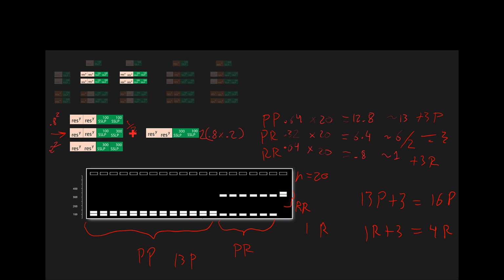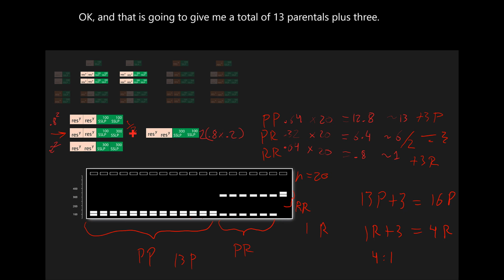By dividing this value by 4, we end up with a 4:1 ratio. Okay, so this is one way to do it.